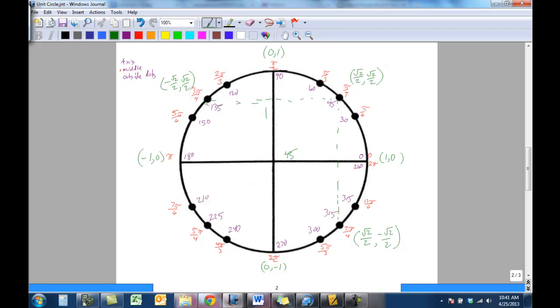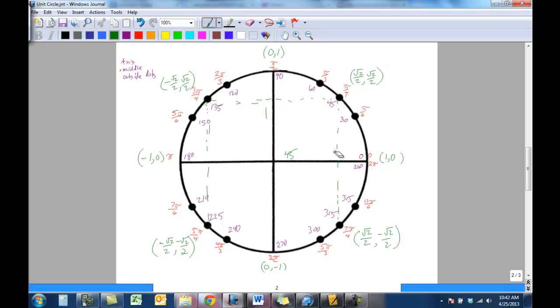And then this one, very similar. It's even similar to this one, and this one is quadrant 3, negative root 2 divided by 2, negative root 2 divided by 2. So there are our coordinates so far of the 45s, the middles.